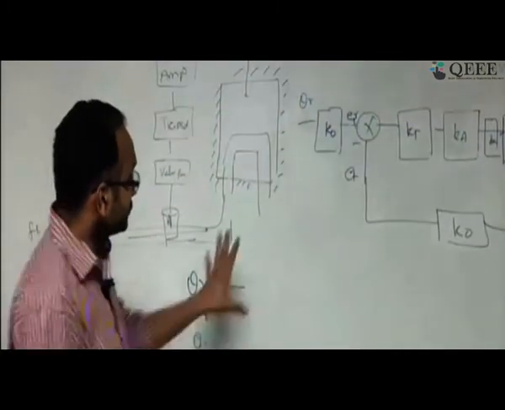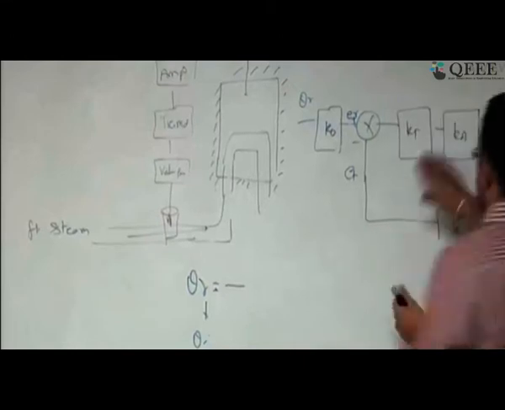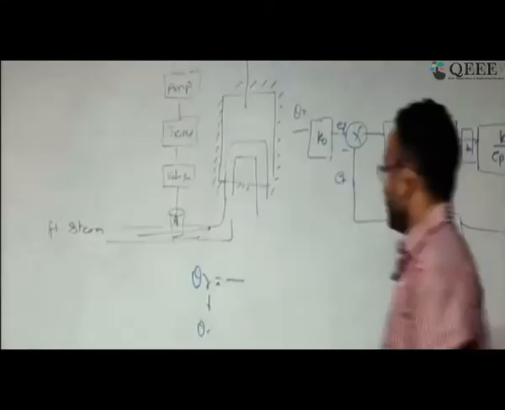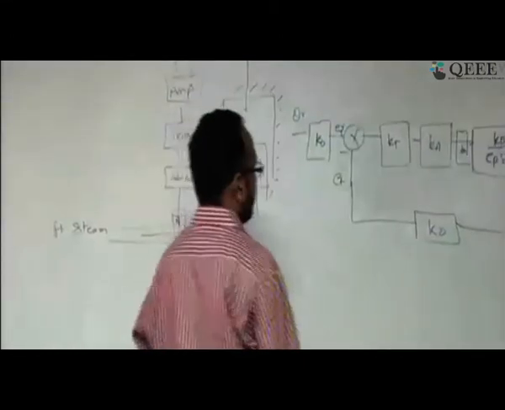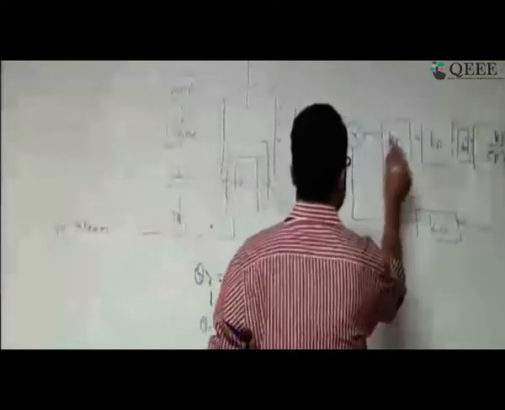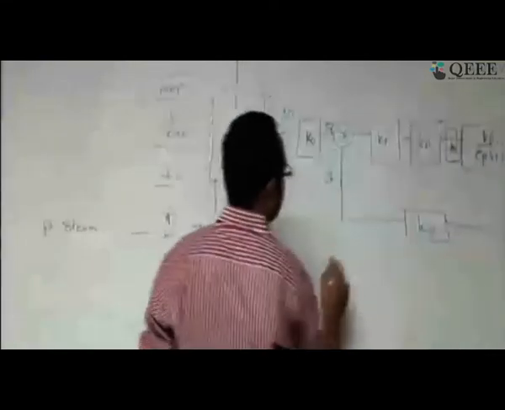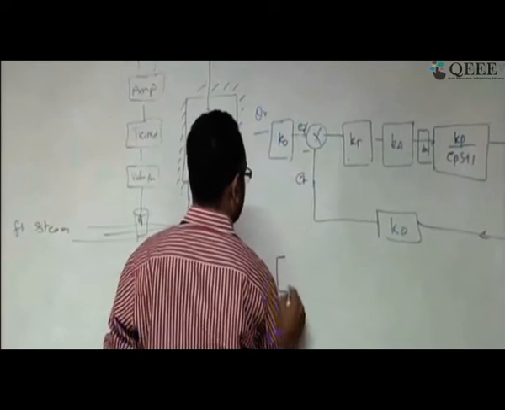Okay, so this part is clear, I have done the entire thing. Now what we want to do is take this entire thing, Kp, Ka, and change it to one constant.